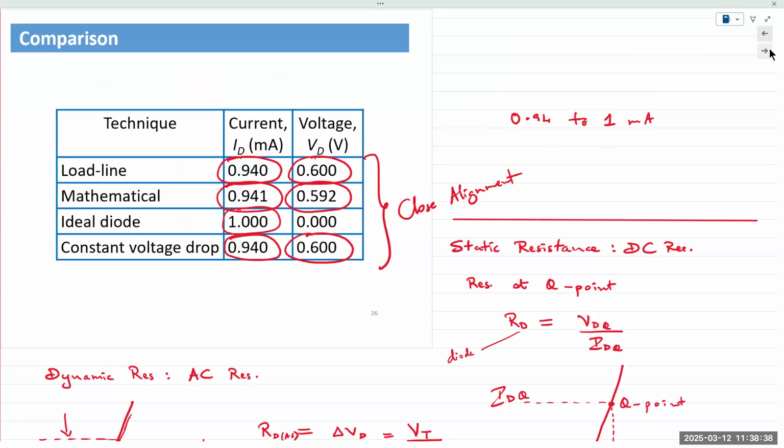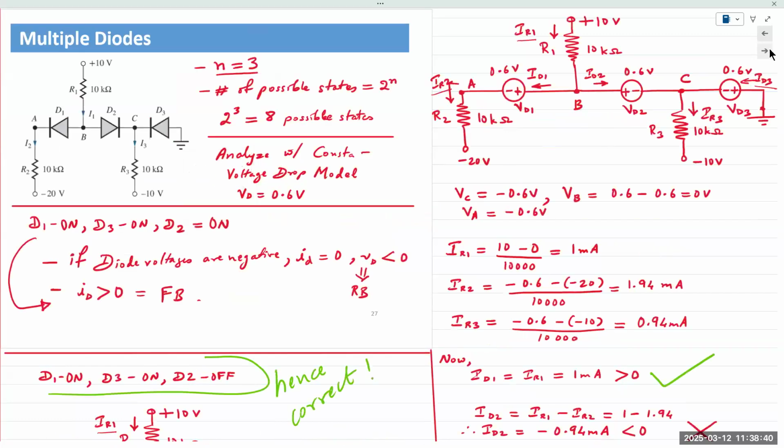All right, and then we did a comparison of the 4 multiple diode techniques. Depending on how many diodes we have, if n is the number of diodes in a circuit, we have 2 raised to n possible states. So 3 diodes in the circuit, 8 possible states. We start with the assumption that makes the most sense, and then we analyze the circuit.